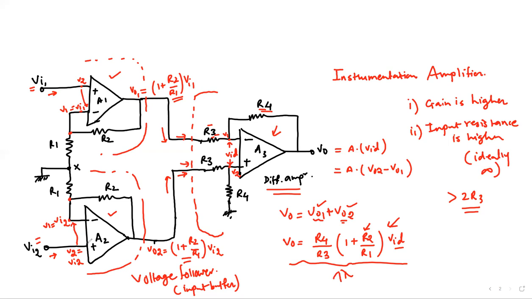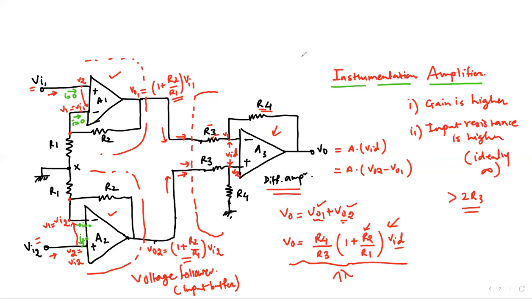No current can pass through the input terminals. We know from the theory that the current trying to enter the input terminals of the op-amp is zero, so RID is infinite.